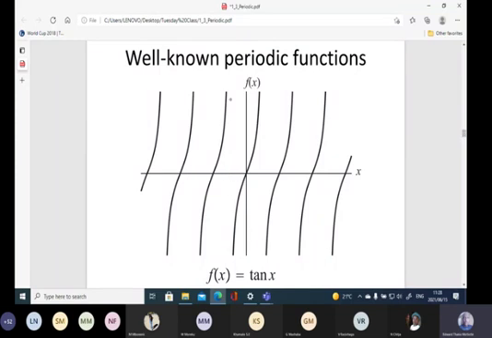Okay, now let's discuss this one. It's got tan x, and it has asymptotes. How do you get these asymptotes? I'll show you now. These are the asymptotes we are talking about, the vertical asymptotes.